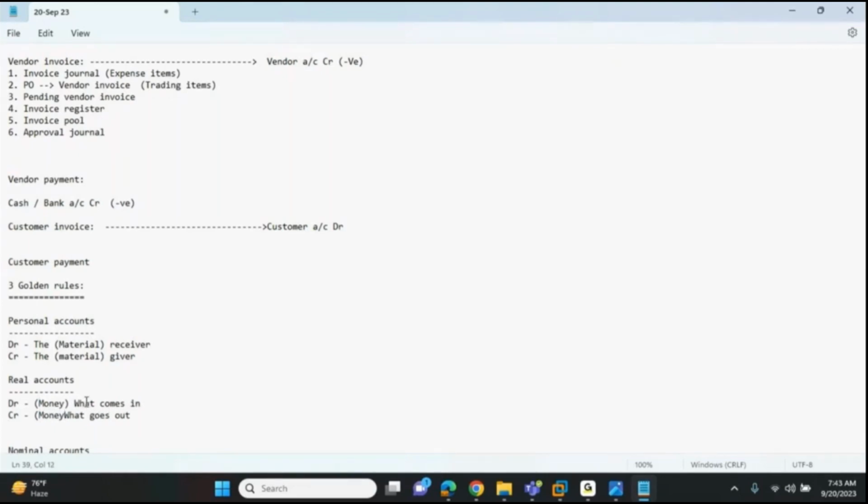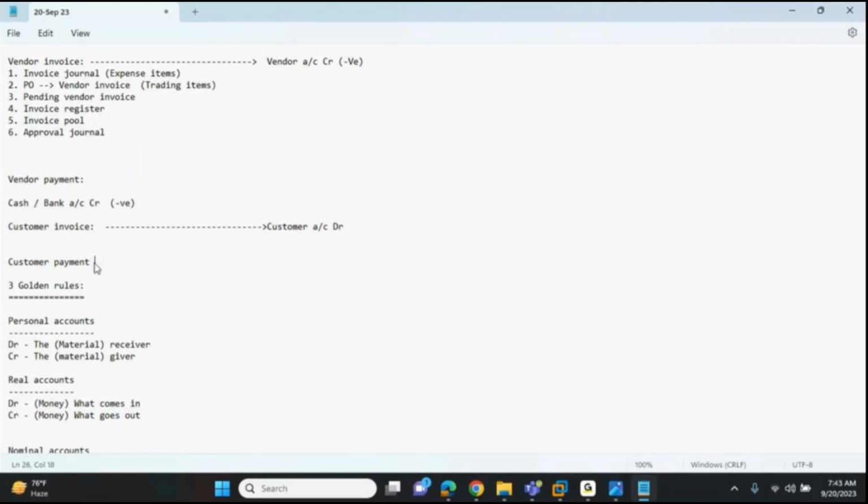And we are just adding money. Money goes out. When will money go out? Whenever I am doing vendor payment.